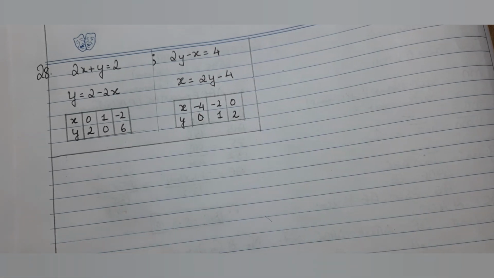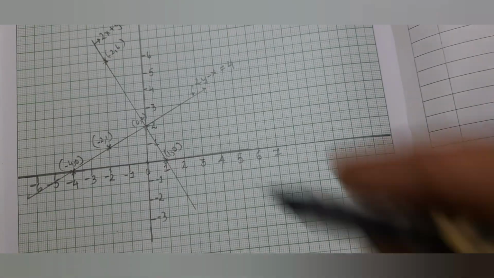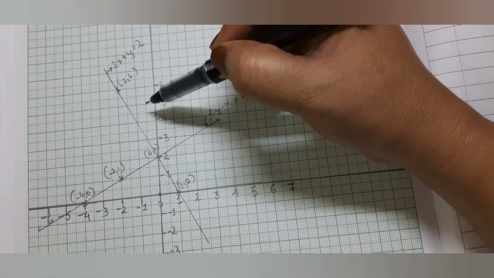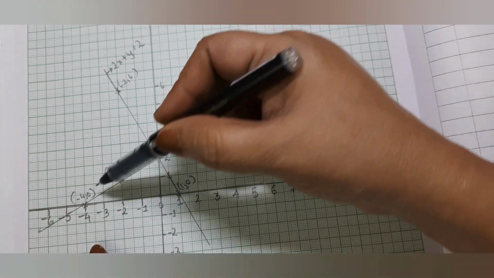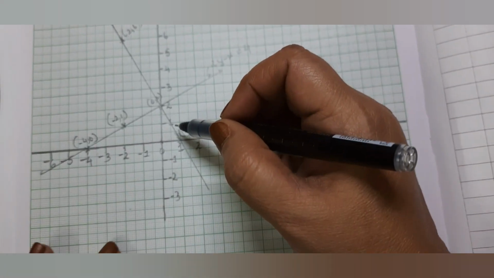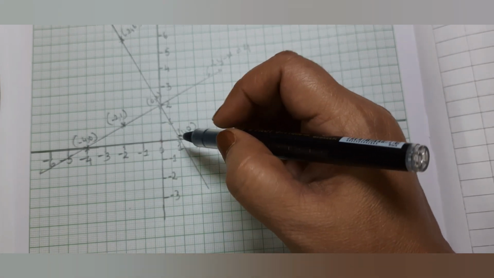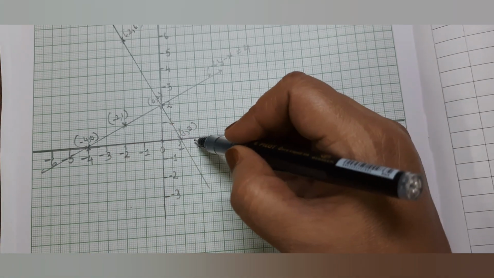So I've already drawn the graph over here. This is the line for 2x plus y equal to 2, and the points I have just shown you, these 3 points I have drawn and marked. I hope all know the plotting. Now we have to find the area of the triangle formed with the line y equal to 0. Y is 0, then it is the x-axis.